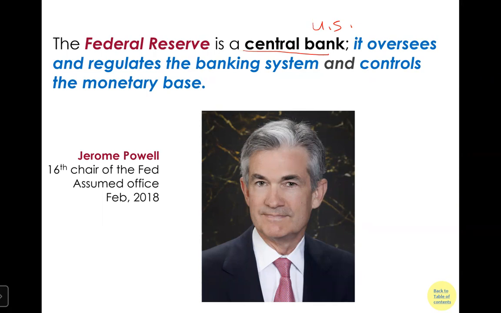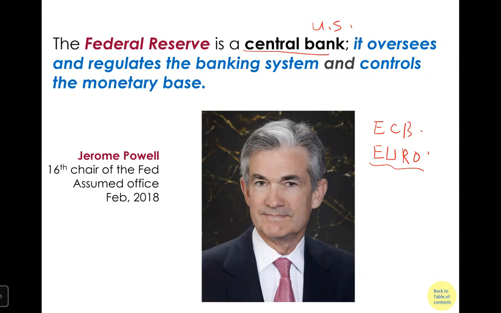Japan has its own central bank. It's called the Bank of Japan. And in Europe, besides the central bank for each individual country, they have a big central bank. It's called the ECB, European Central Bank. That's going to oversee the member countries of the Euro. The Euro is the current currency adopted by many continental European countries.